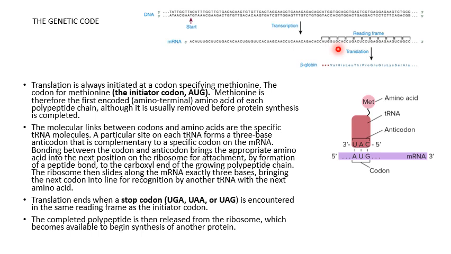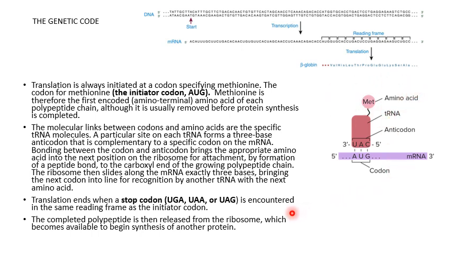The methionine is always the first encoded, or amino terminal, amino acid of each polypeptide chain. And here we have a clearer idea of what we mentioned previously, that the tRNA, the transfer RNA, is the link between the codon on the mRNA and the amino acid that is associated with this codon.